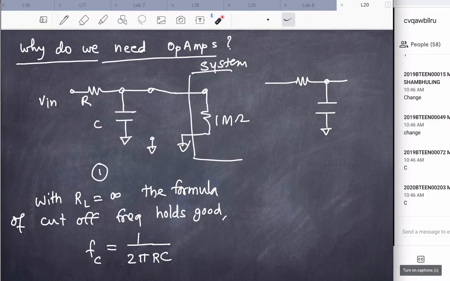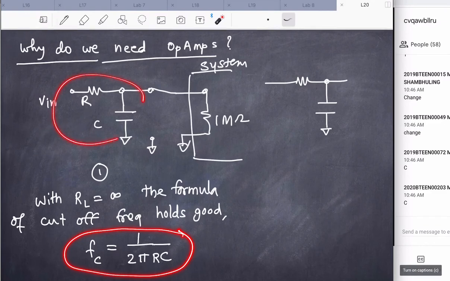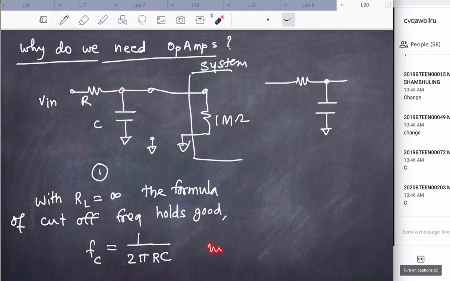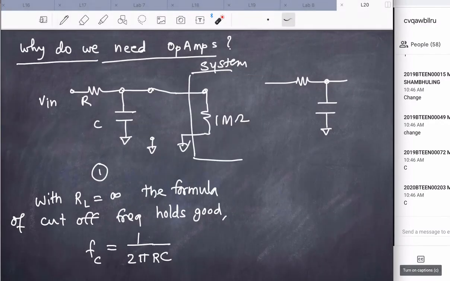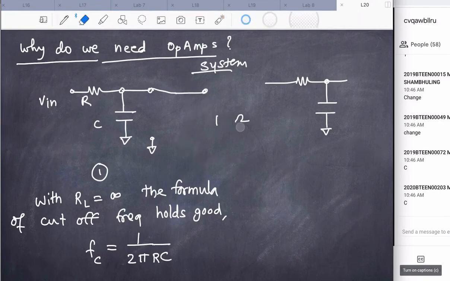So, this is the effect of load resistance. The formula we derived is only for the no load case. When we connect the load, the formula changes. It means whatever we guess and whatever we observe is different. So, now tell me what will happen.